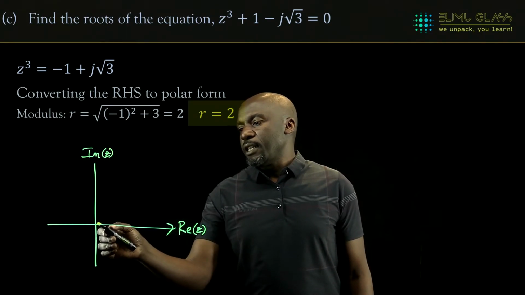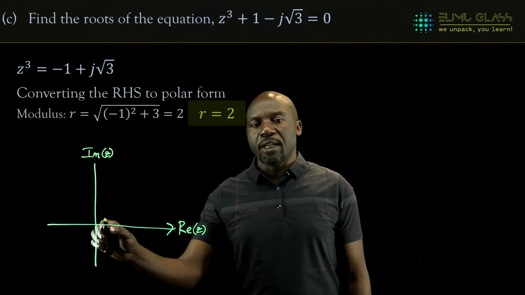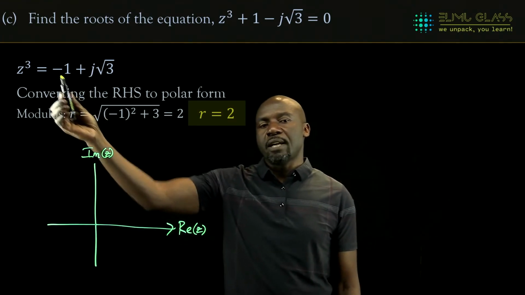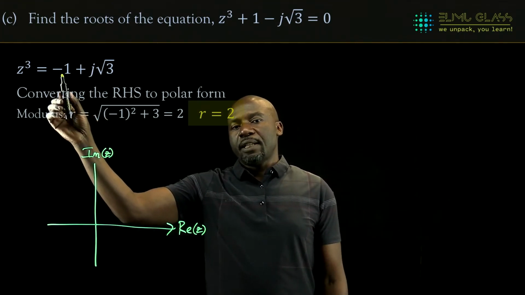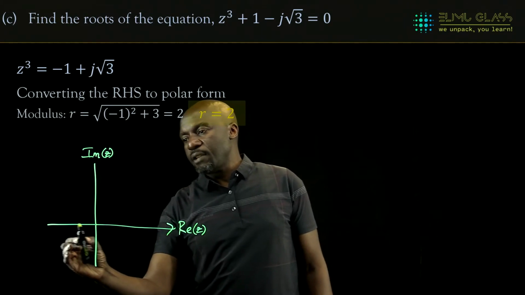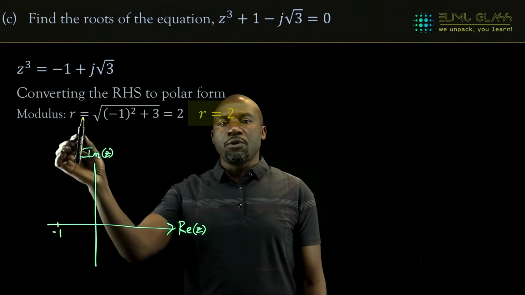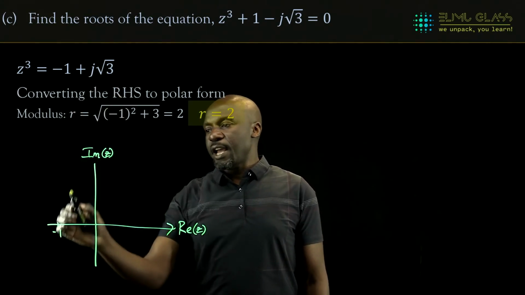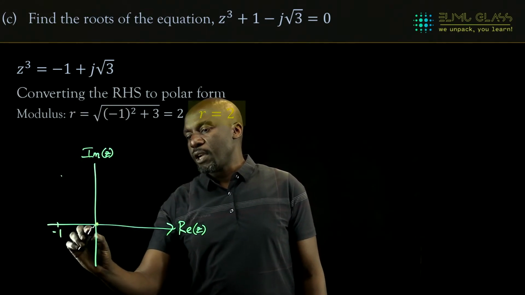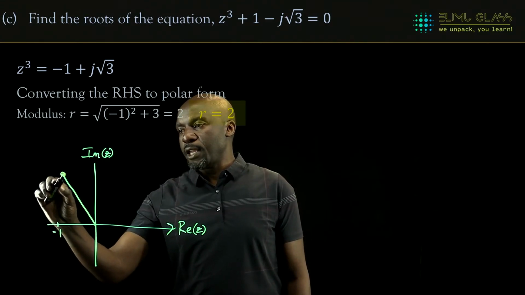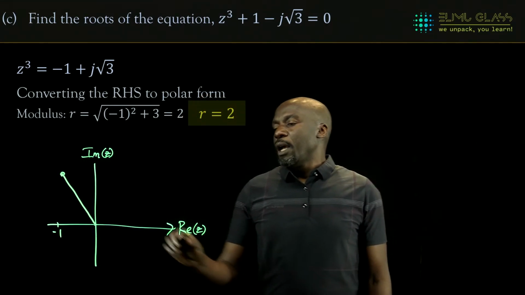And the angle that the complex number makes. So if we look at our complex number, it says the real part is negative 1. So we move in the negative 1 direction, negative 1 step, and then we move in the positive imaginary direction, so positive root 3. So the complex number falls somewhere here. This is called an Argand diagram.